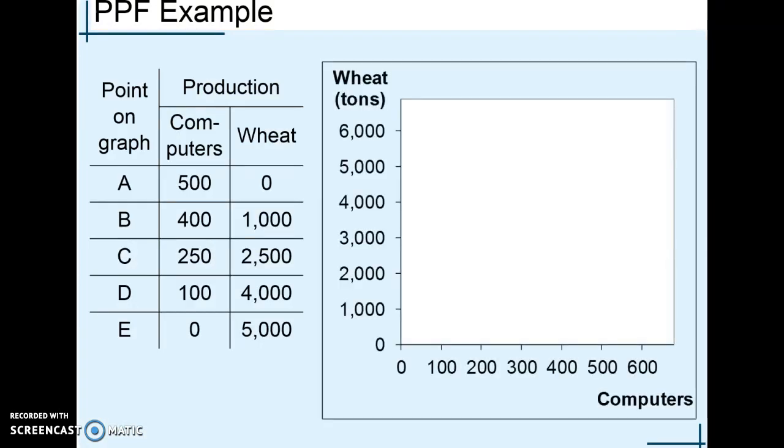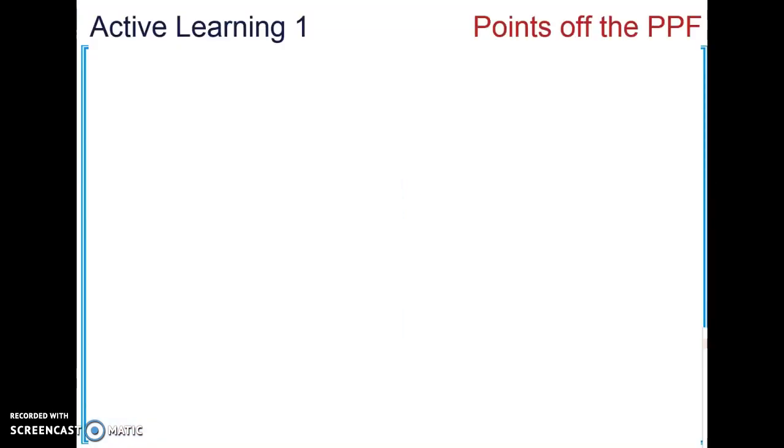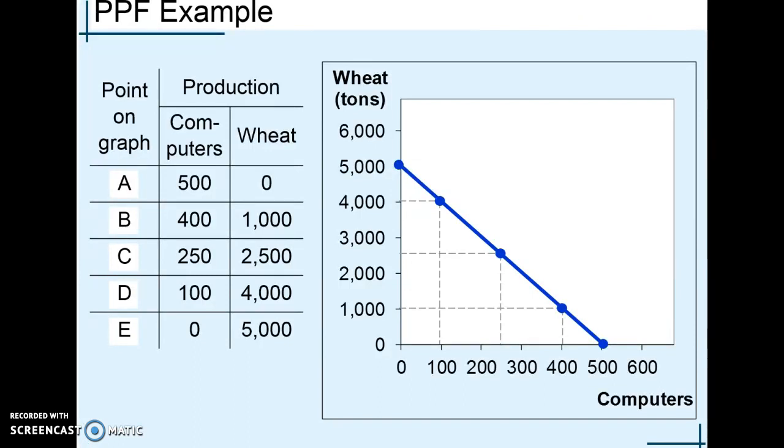Looking at this next graph, all of these points here, we're going to plot these points. If we, in this economy, are producing anywhere along this line, the economy is getting all it can from the scarce resources that are available.